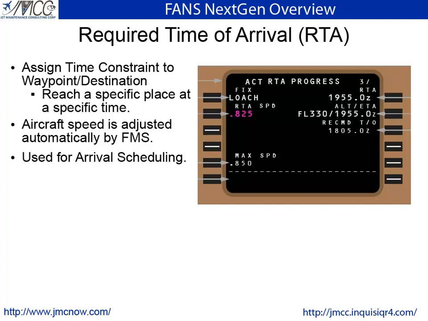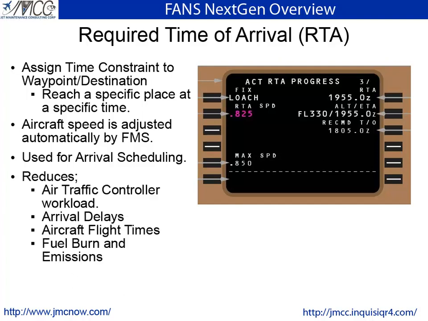This is useful for airport arrival scheduling and will help to reduce controller workload, arrival delays, aircraft flight times, and fuel burn. This example shows the flight management system required time of arrival page for the waypoint LOACH. Note, the aircraft will fly at Mach 0.825 to reach the waypoint at 1955 Zulu time and will be at 33,000 feet when it gets there.